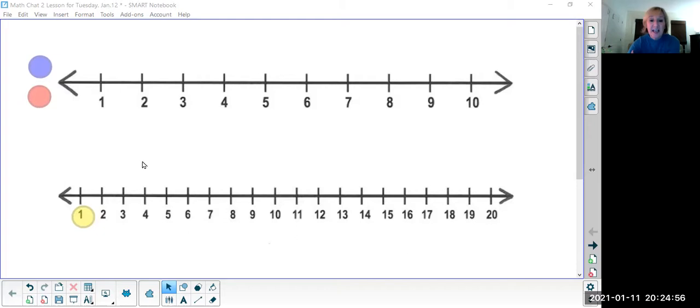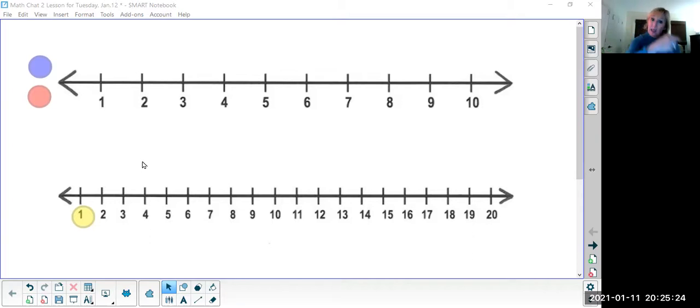Now 1 less than 2, let's see if I can share this with you really quickly. If we are at 2, 1 more than 2, I'm going to move 1 to the right. 2, and the next one is 3.